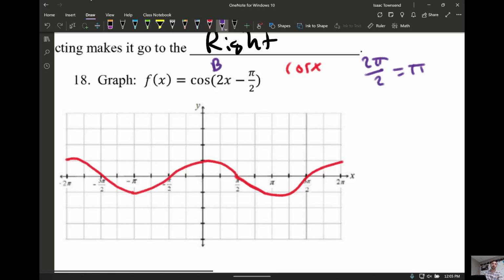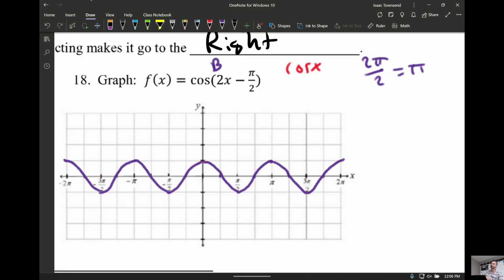So again, I'm going over this part quickly because that's not the focus of this section. But if I squeeze this pattern into pi units, it's the same pattern. And now I'm going to get rid of my old parent function that's just in the way now. That's what cosine 2x looks like.